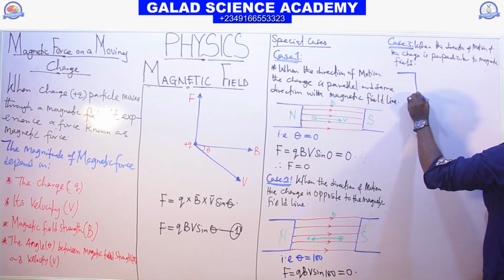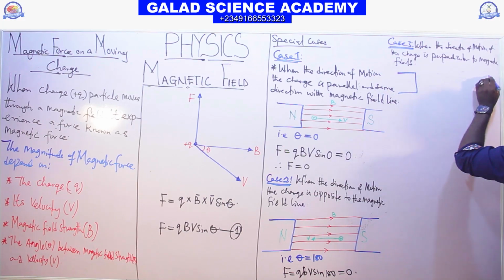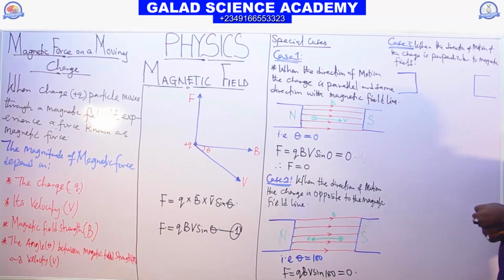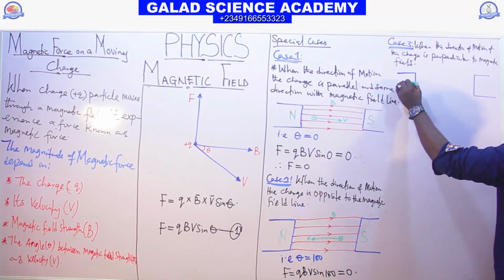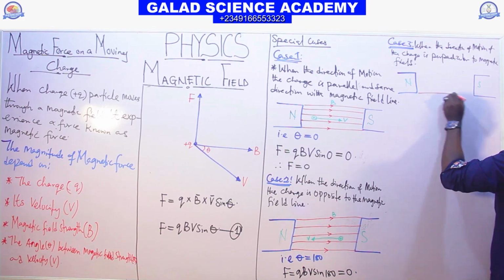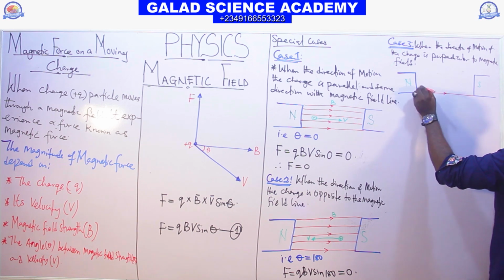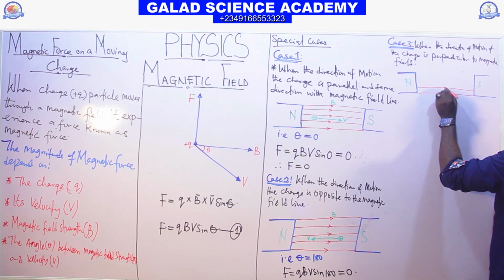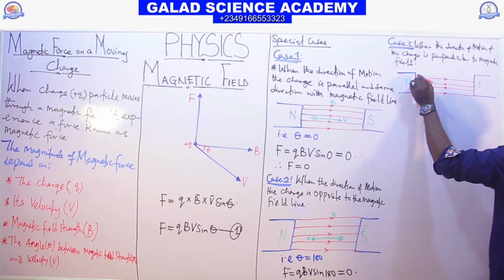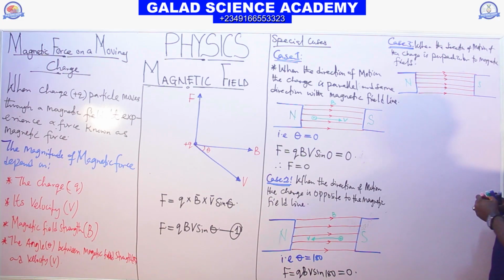What happened? Let's check the case here. This is the magnetic bar. We have north, we have south. Let's draw this line. These are the magnetic field lines.